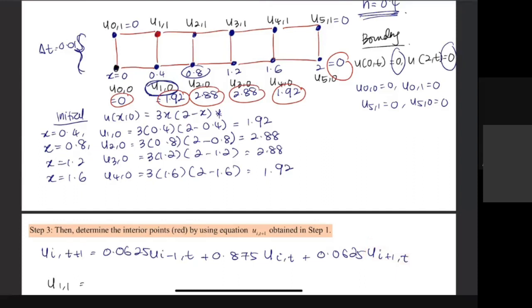So basically, you will just substitute in these values. To determine U11, you will use these 3 values. To determine U21, you will use these 3 values. U31, you will use these 3. And so on.